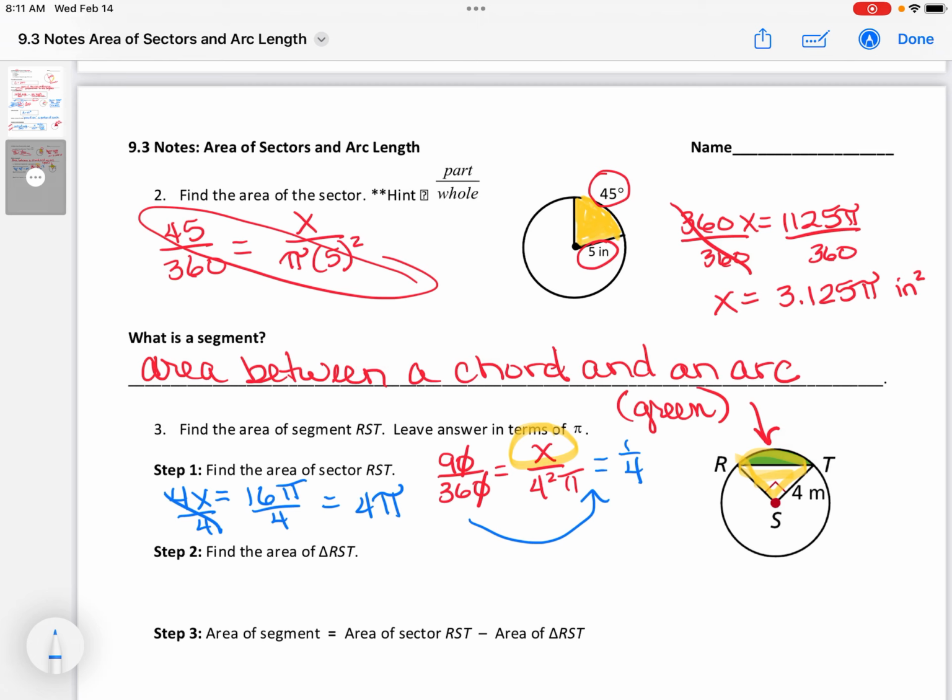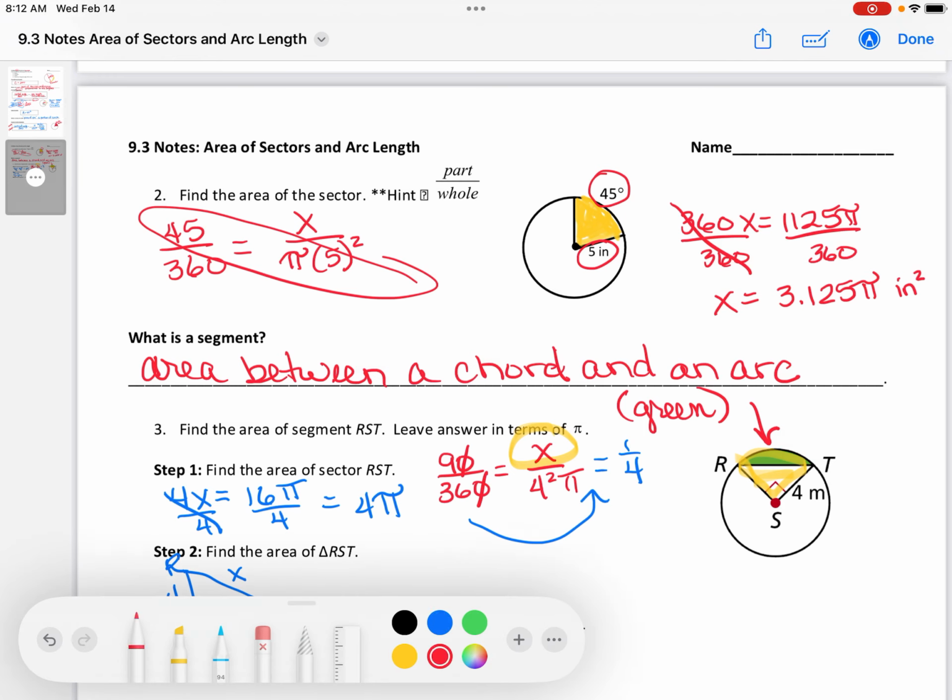Okay. Then I have a triangle that is 4, 4, and this is RST. Okay, so what do I need to find the area of a triangle? Both sides are the radius.